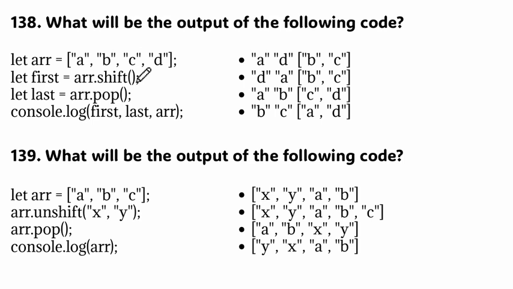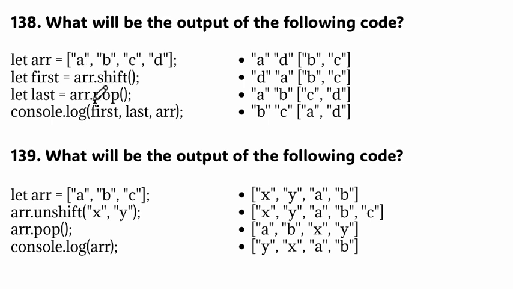Remember, unshift is used to add the item at the start of the array, while shift is used to remove the first element of the array. And in the third line, I have declared a new variable with the name of last, and inside that I have used array dot pop. Pop is used to remove the last element of the array. So D will be removed.